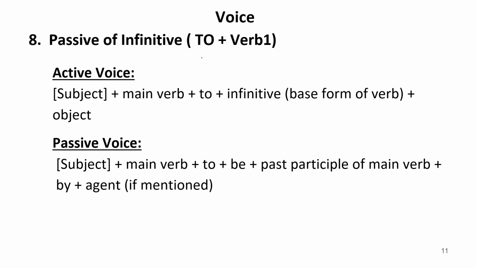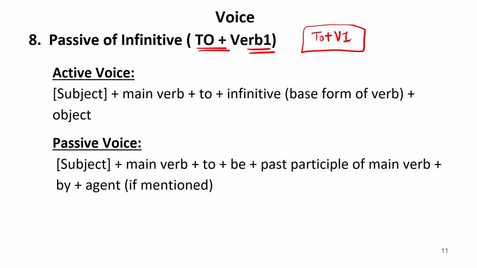Infinitive means when "to" is followed by verb 1, that is, with "to" we use the verb first form. Now this is the sentence of infinitive. And we know well that we use infinitive to show the sentences in a structure or in a form when the condition is when we do something to do something.